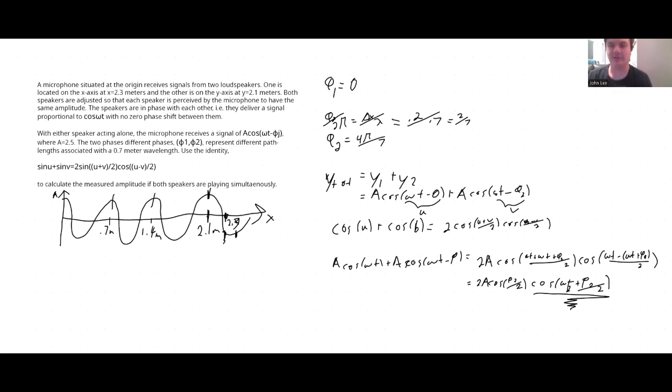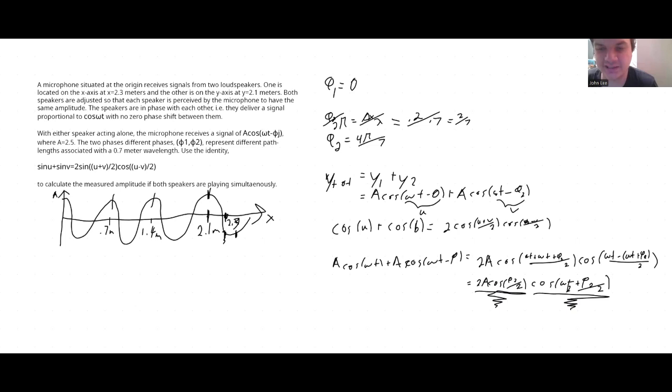However, the amplitude is always going to be lowered from the maximum possible amplitude by this cosine, not cosine omega t, but cosine phi 2 over 2. So if they were perfectly in sync, you would just have 2a times cosine of omega t plus some phase factor over 2, which would just give you an amplitude of 2a.